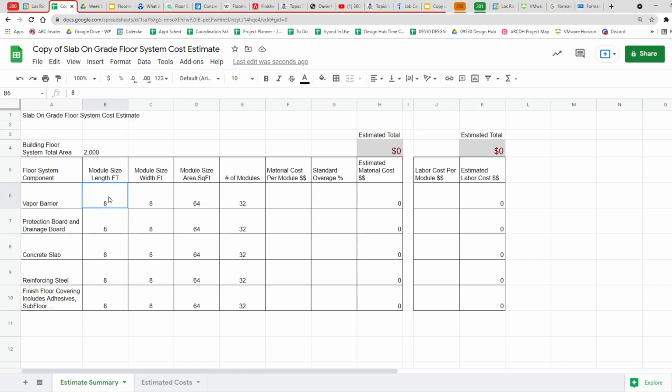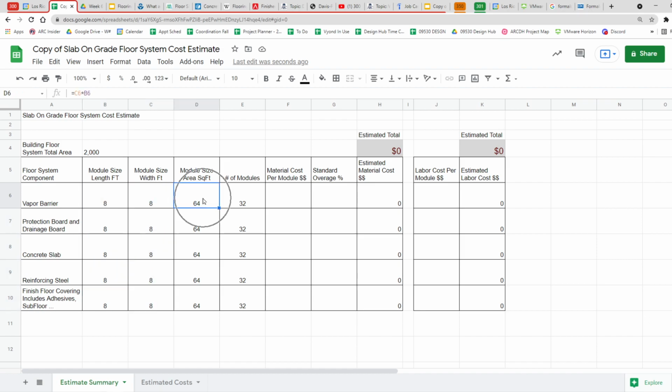There's nothing magical about these numbers that I've chosen other than that they're simple and easy to work with. And they do not necessarily need to be the same all the way across the board. This is just to show you how you can calculate without too much trouble.